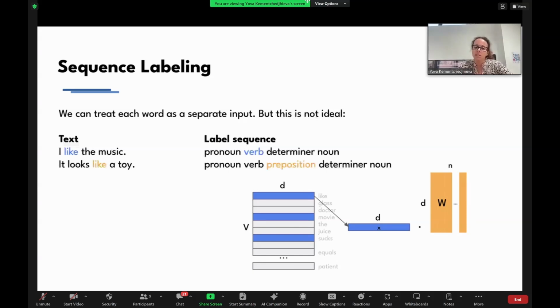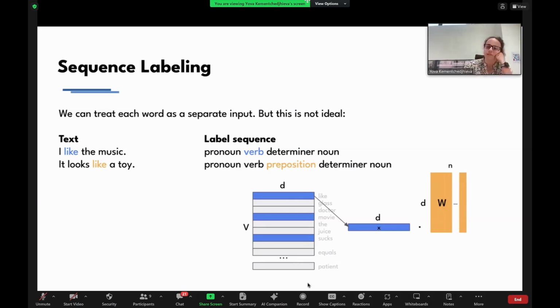The problem with this, however, is that, as you might already be thinking, some words actually have different parts of speech depending on the context, such as the example here, where "I like the music" is a sentence where "like" serves as a verb, but in the sentence "it looks like a toy," "like" actually serves as a preposition.